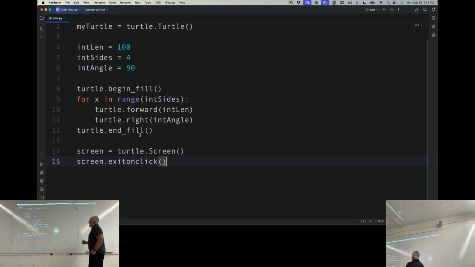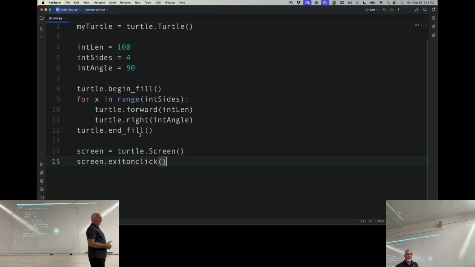And you can see here that I've got an int length, int sides, and int angle. So what I'm making here is a square where each side is 100 pixels long. There's 4 sides, and each of the corners is 90 degrees. We recognize that as the definition of a square, right? Equal sides, right angles, 4 of those sides.